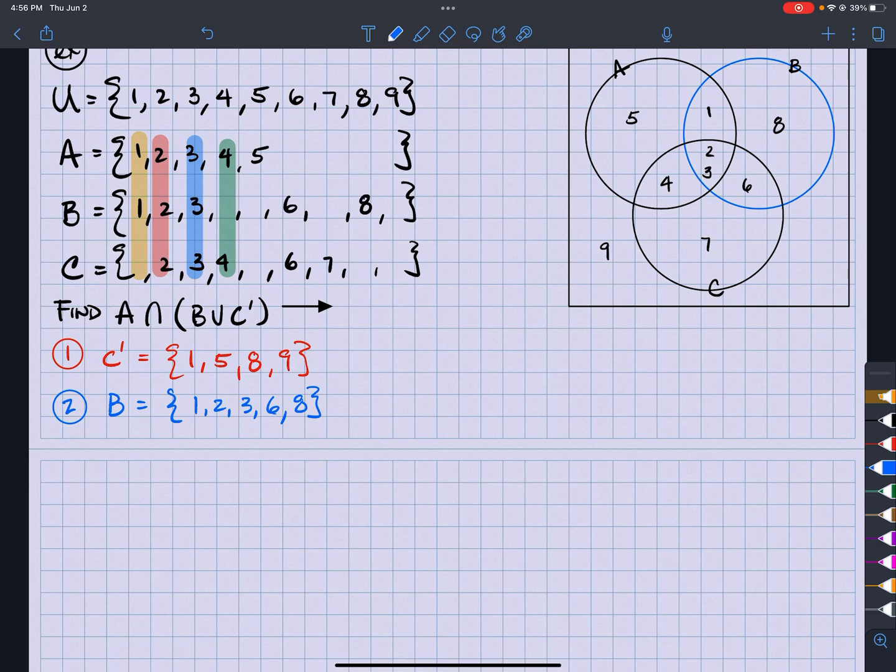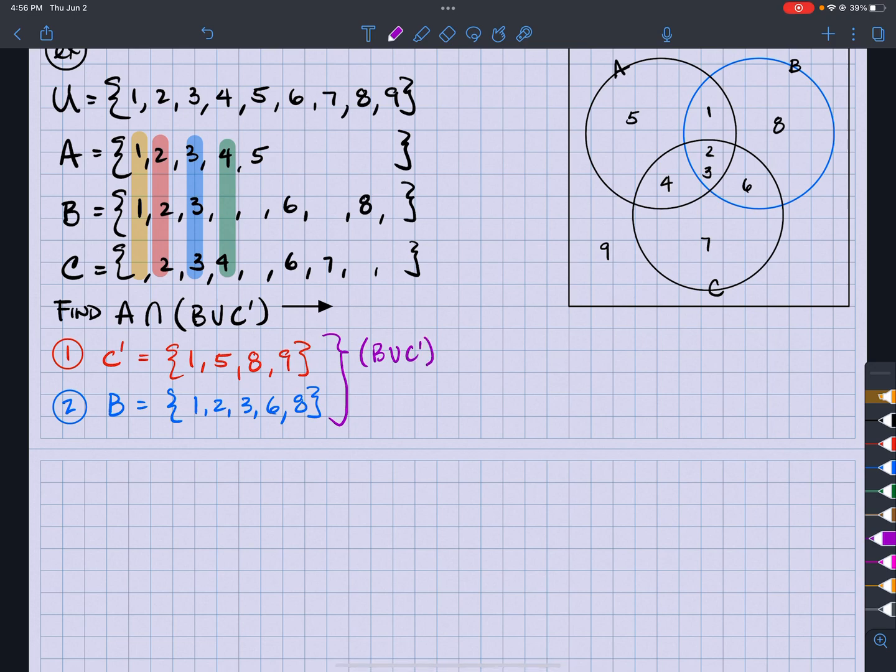And if I union these two, I'm going to get this B union C naught.